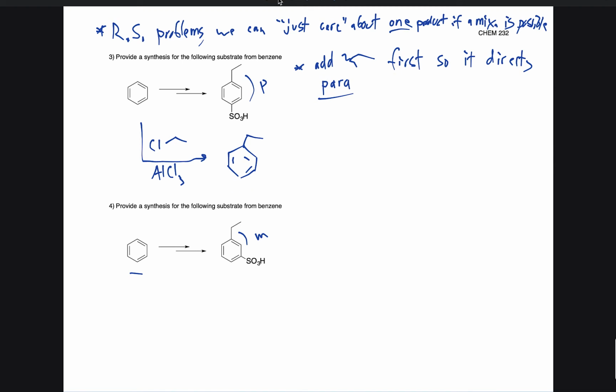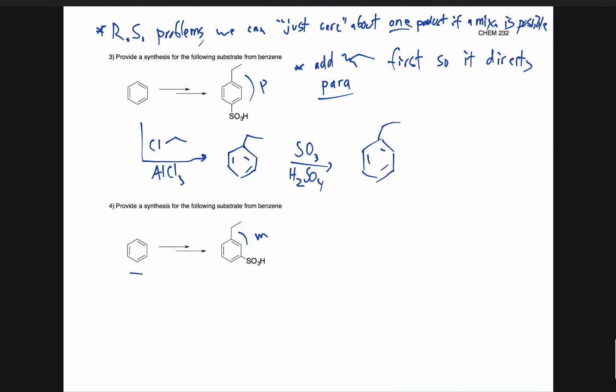ending here. And so from here, this ethyl group is ortho-para directing. So when we're adding on that SO3H, these sulfonation conditions we learned about in the first video, it can add ortho or para, but we just care about our para compound.